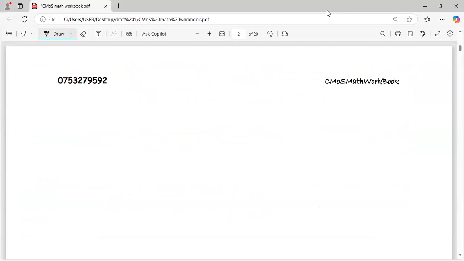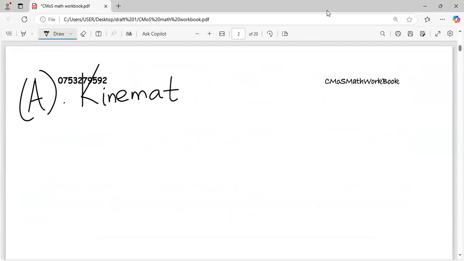So we are going to say kinematics as our first section. In kinematics, I've said the topics are 5. What are they?